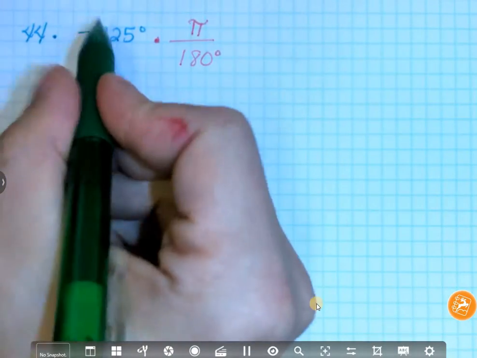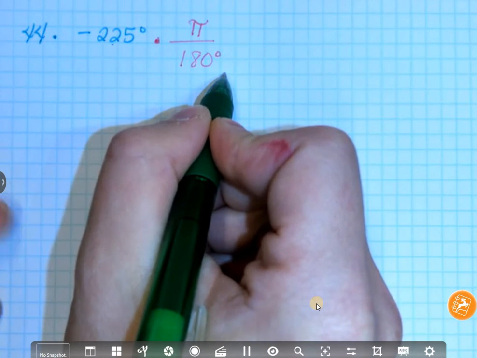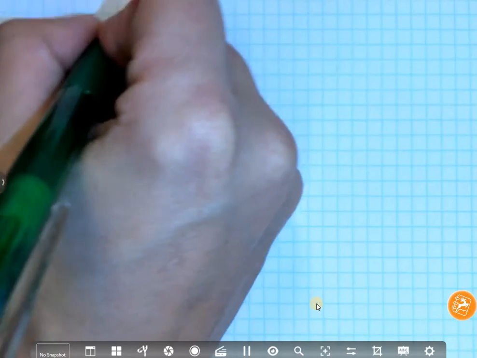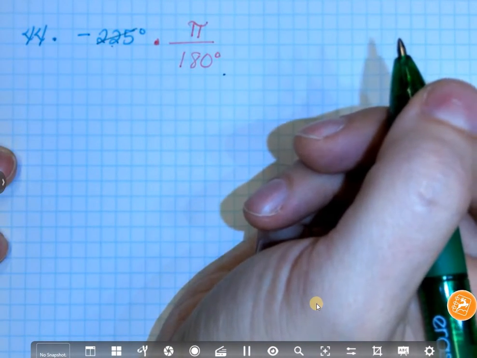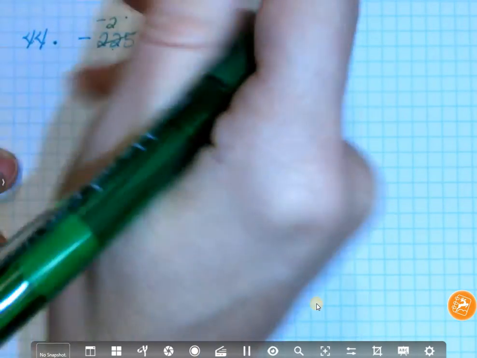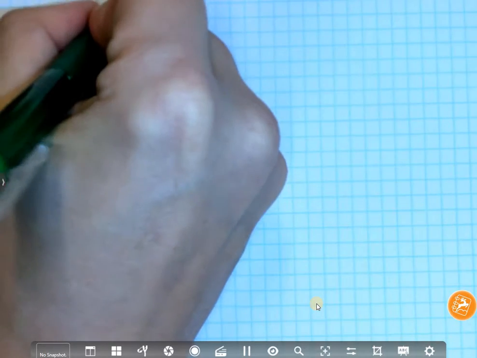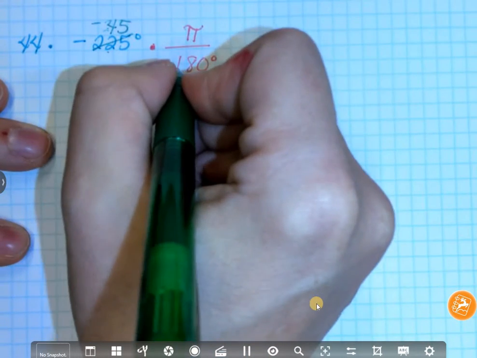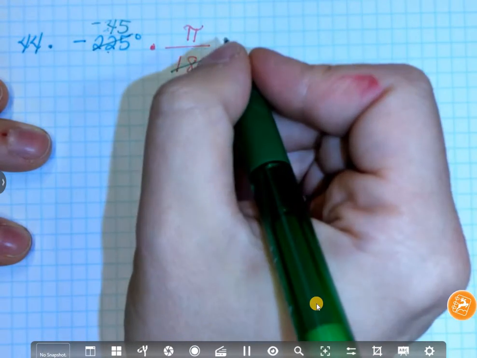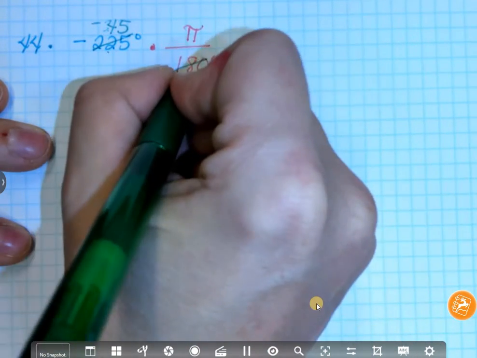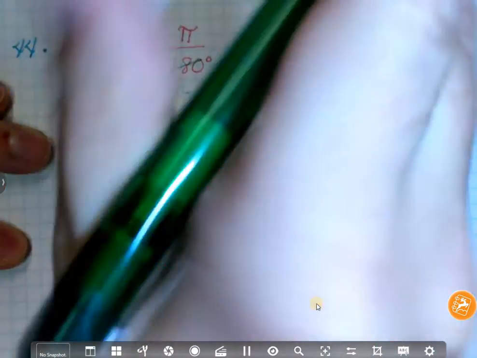So I see that this one here ends in a 5. That ends in a 0. So I know 5 goes into both of them. 5 goes into 225 how many times? 45. Okay? 5 goes into 180, 36.